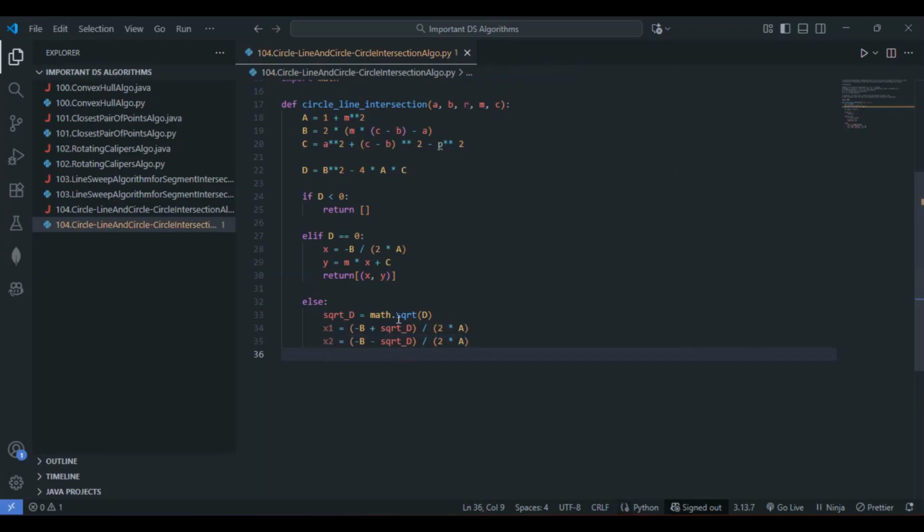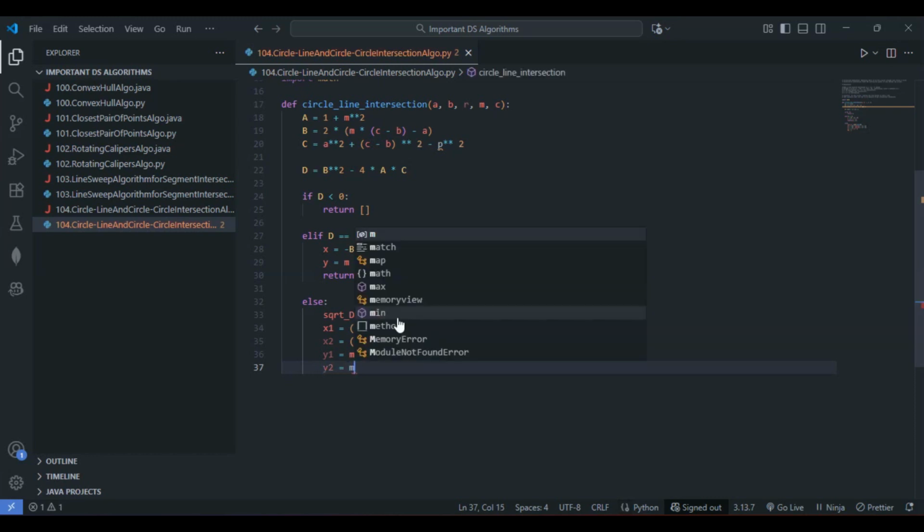Yep, this is fine. The third one, let me assign y1 to m into x1 plus c, and also y2 to m into x2 plus c.